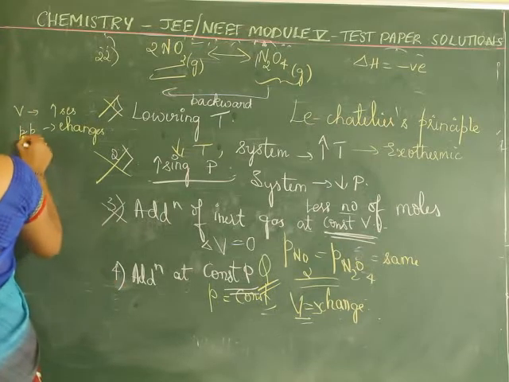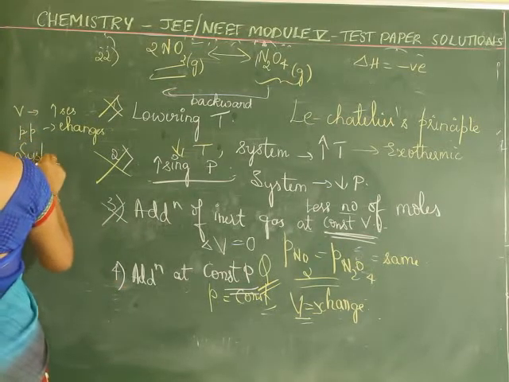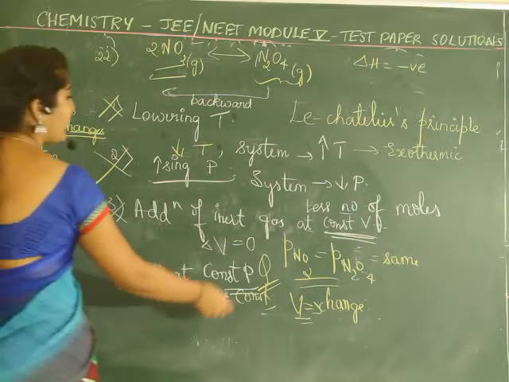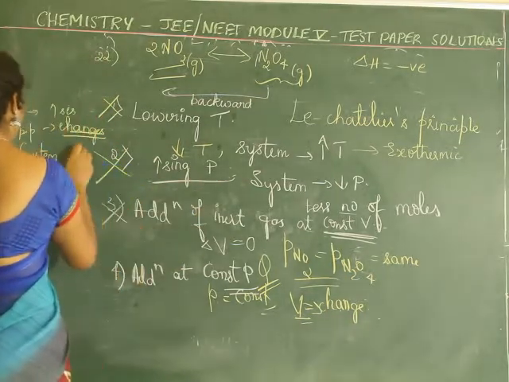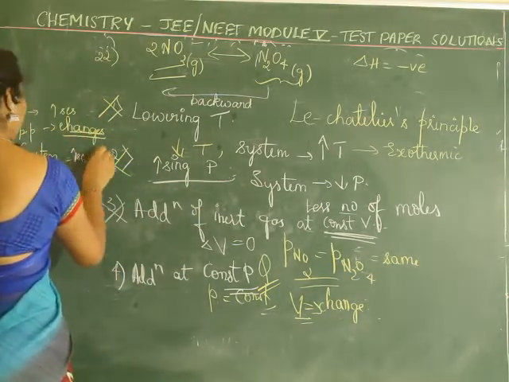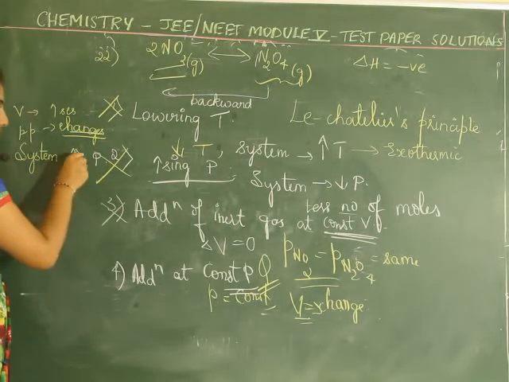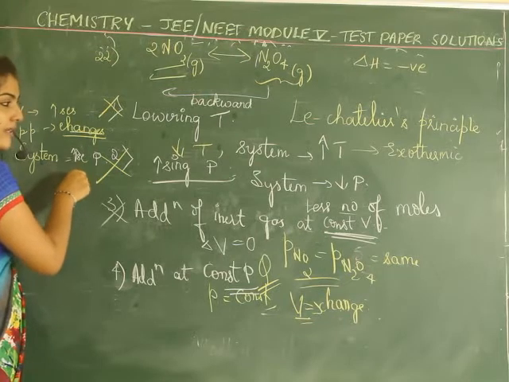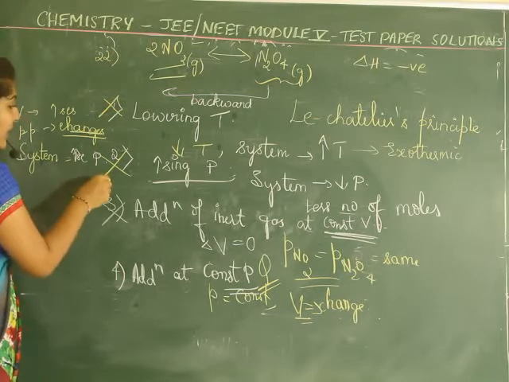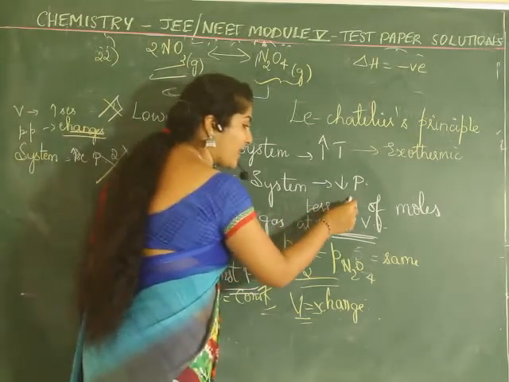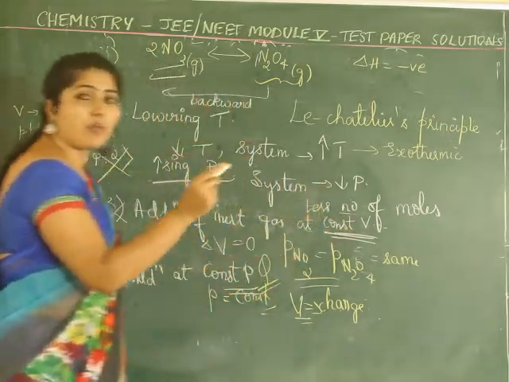That is why, when there is a change in partial pressure, the system tries to increase the pressure. How does it try to increase the pressure? It does so by shifting towards the greater number of moles. It tries to decrease the pressure by shifting towards the lesser number of moles.